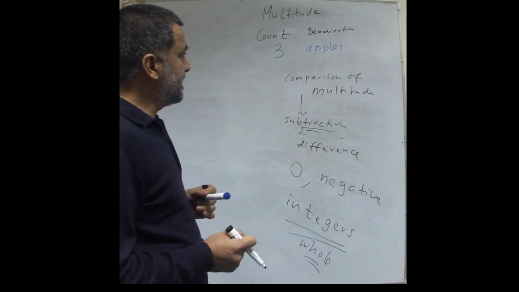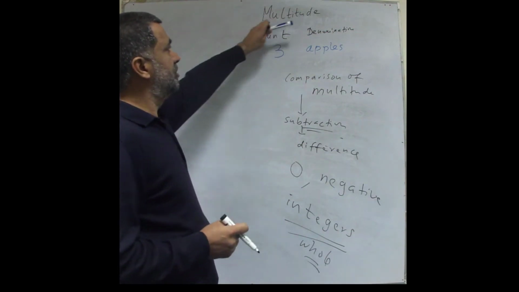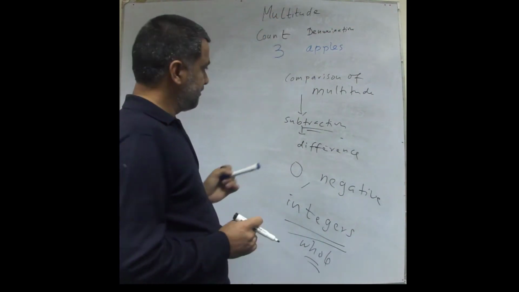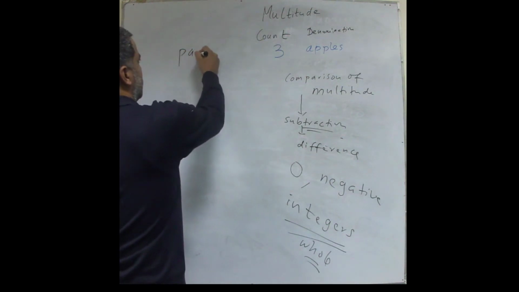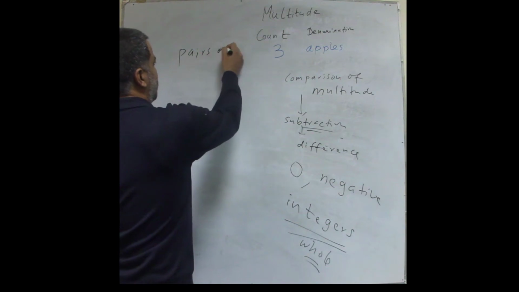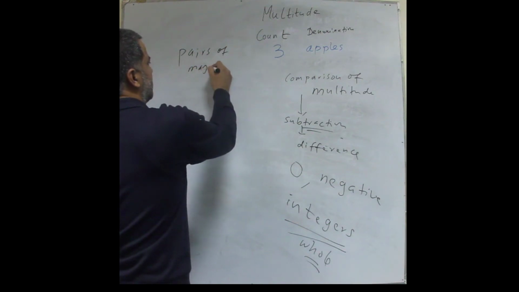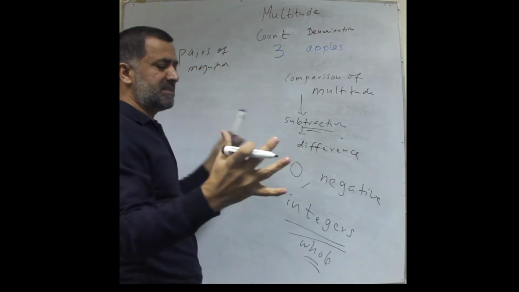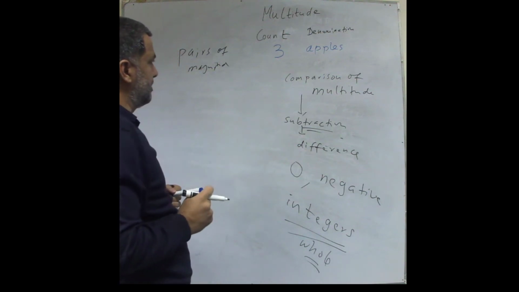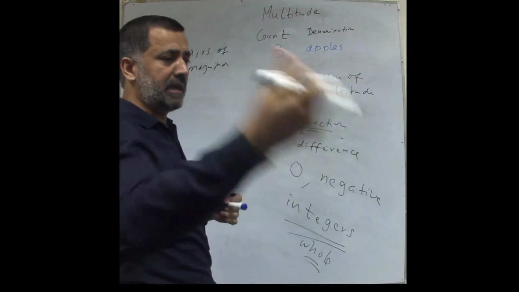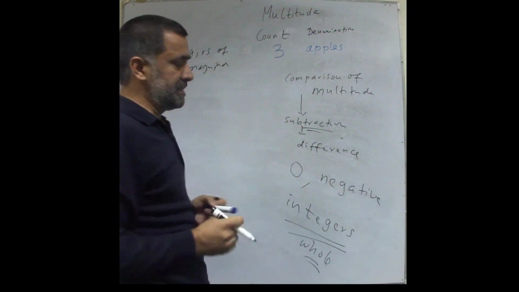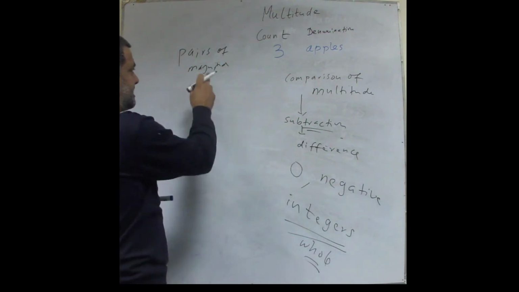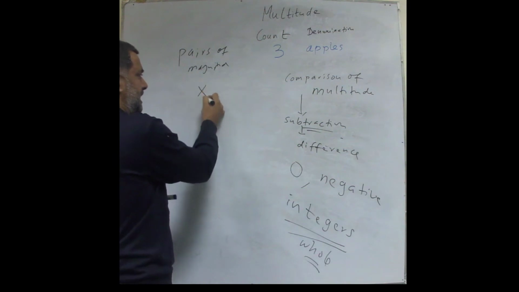Another arithmetic operation which arises naturally when dealing with multitudes is that when you are dealing with pairs of multitudes. So you take an apple and you take an orange, or you take a group of apples and a group of oranges, and this gave rise to multiplication.